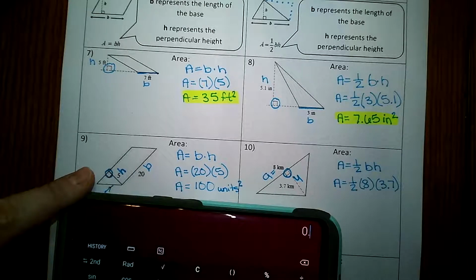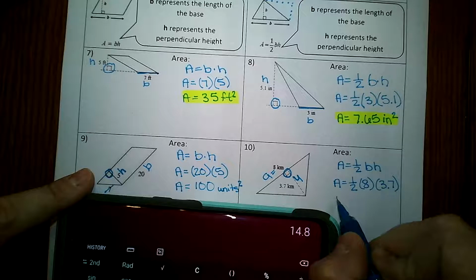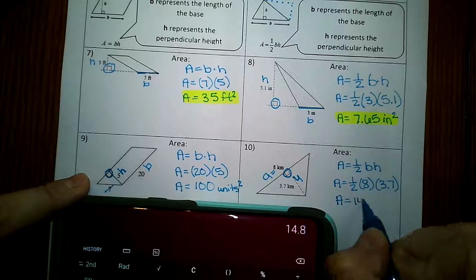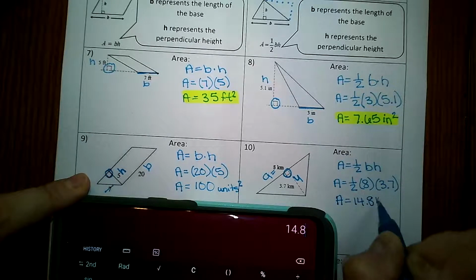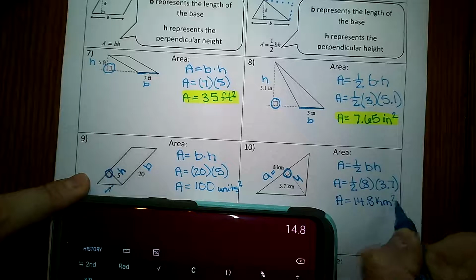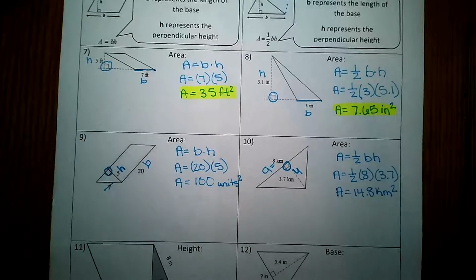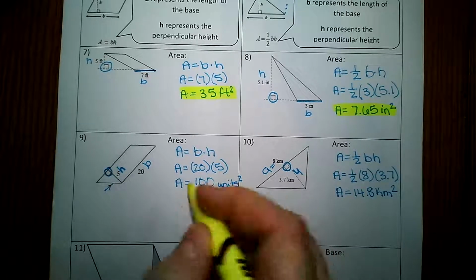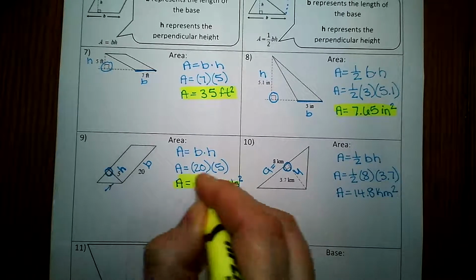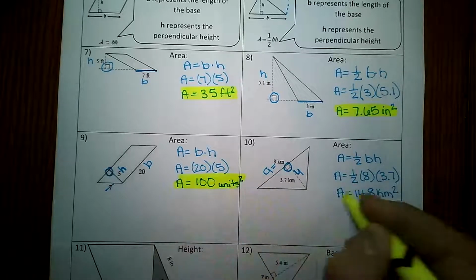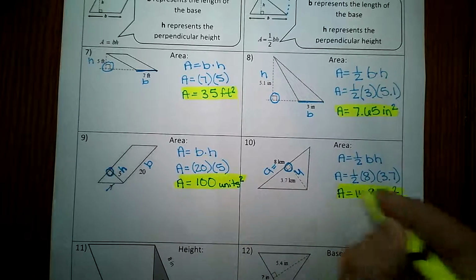So half times 8 times 3.7. That gives me an area of 14.8 measured in kilometers squared. So these two examples here in the middle, once you reposition the picture to make sure you can figure out what the base and the height are, not too tricky.